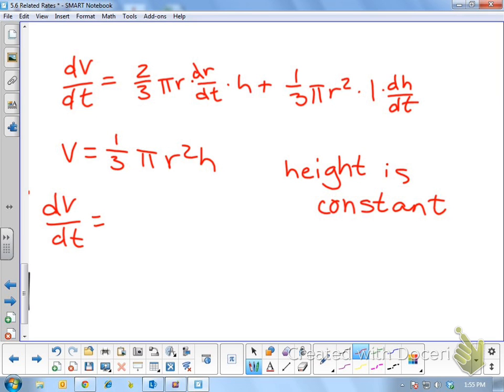If h is constant, how am I going to take the derivative of this now? Treat it as a number. If we have this number times this, what do we do with numbers times a variable when we're taking the derivative? What did we do with 1/3 when we were taking the derivative?